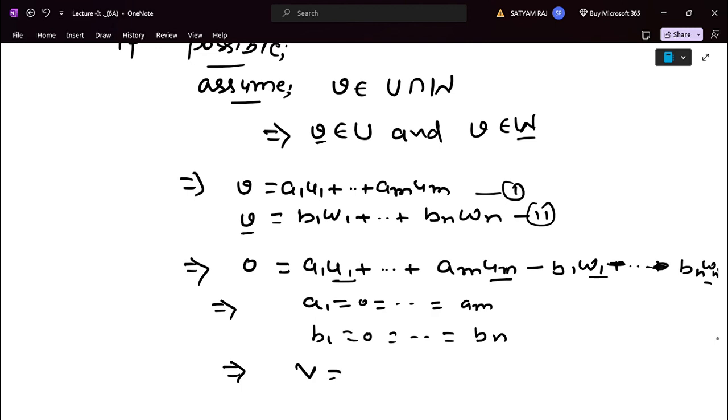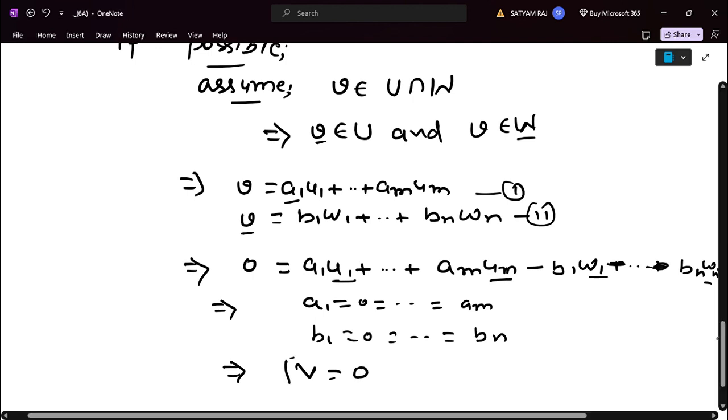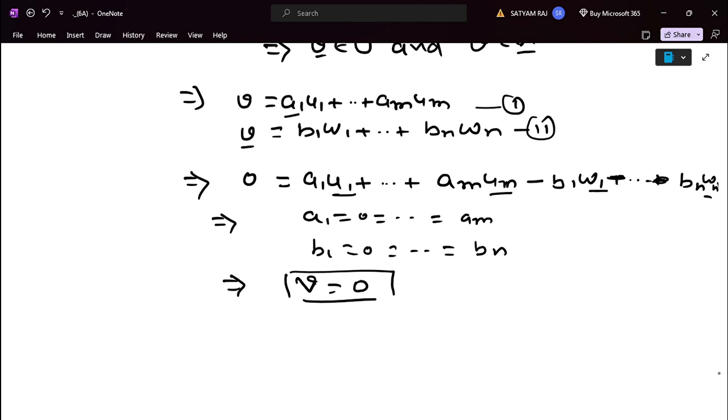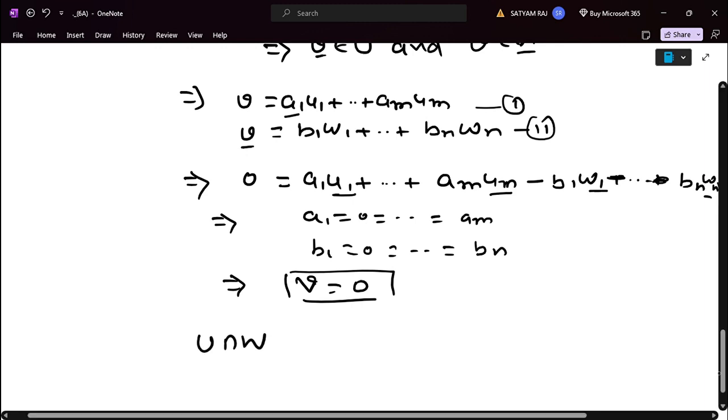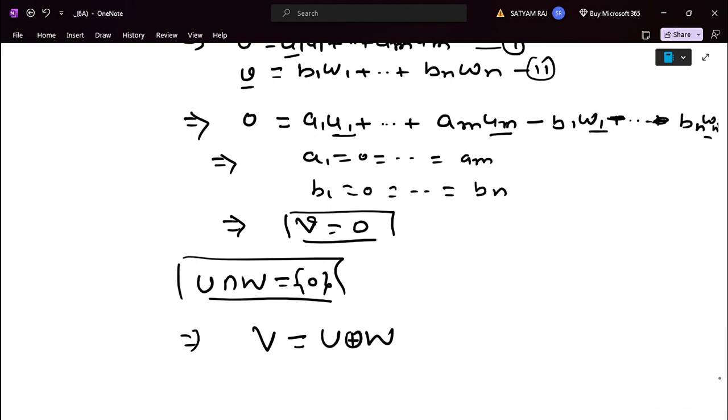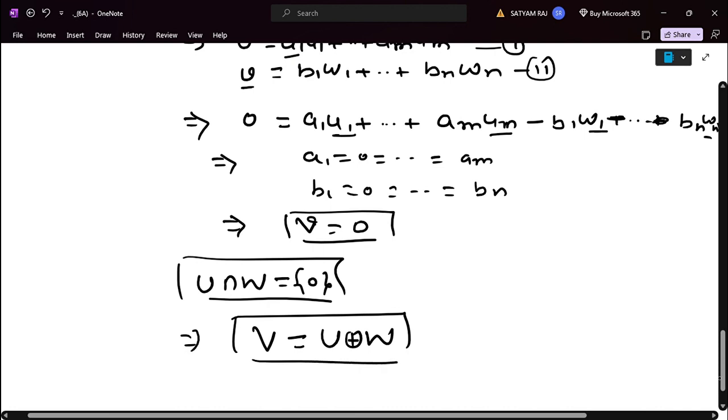That v is the linear combination of u1, u2, ..., um with coefficients 0. It means this vector is the zero vector. So we proved that U intersection W equals only the zero vector. So what we proved is that V is the direct sum of U and W. Okay, we have proved it.